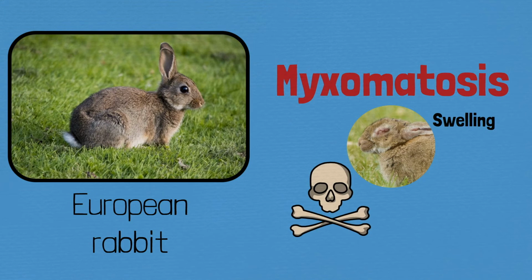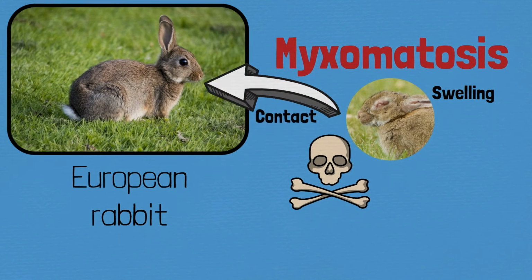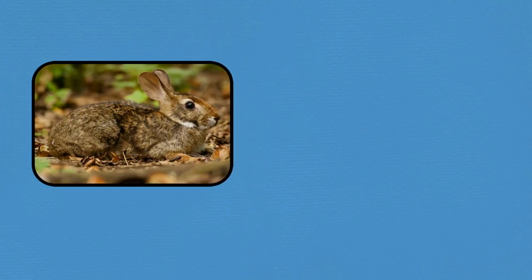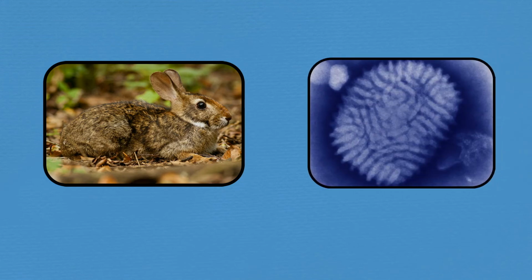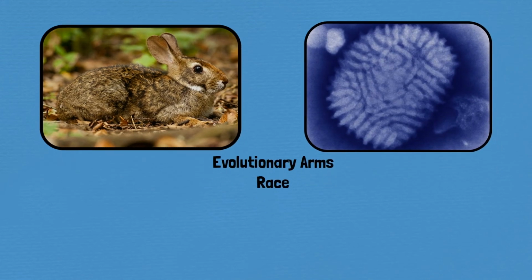Not only is it spread through mosquitoes in European rabbits, but also infected rabbits are capable of transmitting the virus to others by contact. So why is there a difference in the response and the lethality between the two species? Well, the Brazilian cottontail rabbit has evolved with Myxoma virus in an arms race.